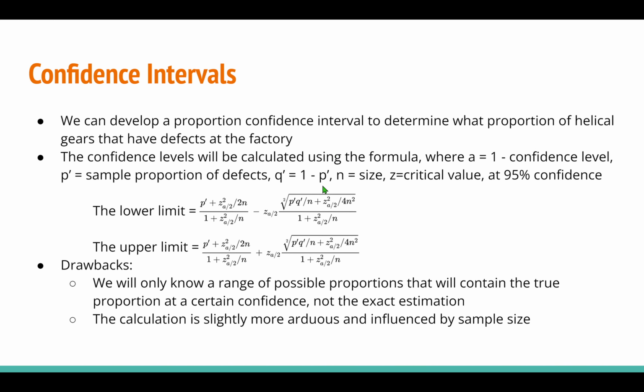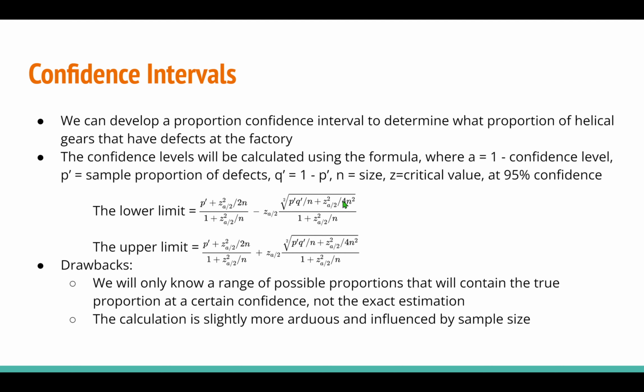That's why we'll be using the second method, confidence intervals, also, to determine what proportion of helical gears have defects in the factory. The confidence intervals are calculated using the formula pictured below, where alpha is equal to 1 minus the confidence level, p-hat is the sample proportion of defects, q-hat is 1 minus p-hat, n is the size of the sample, and Z is the critical value, and we're doing this all at a 95% confidence level.